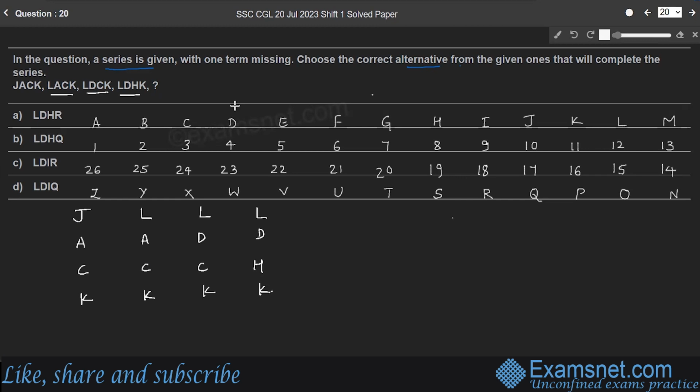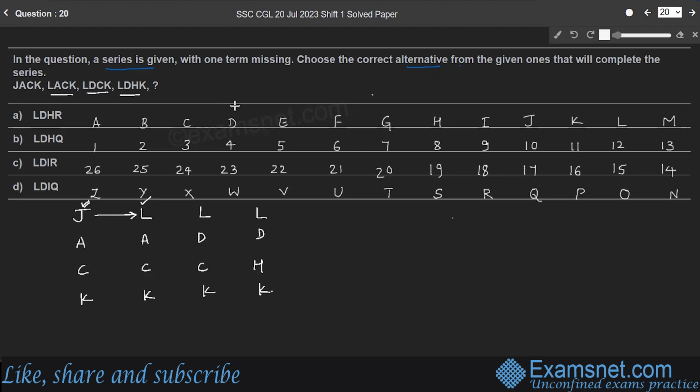Here the simple logic is, look at the first letter in the first cluster, which is J, and the remaining letters are ACK. Whereas in the second cluster, except for the first letter L, the remaining letters remain unchanged. They are the same, ACK.